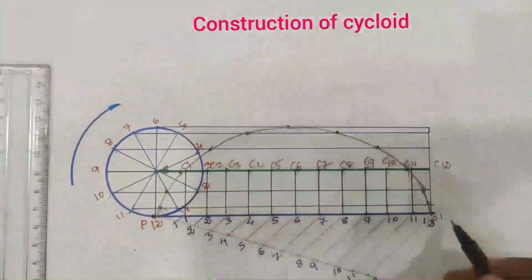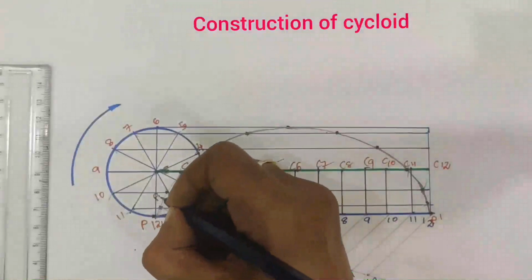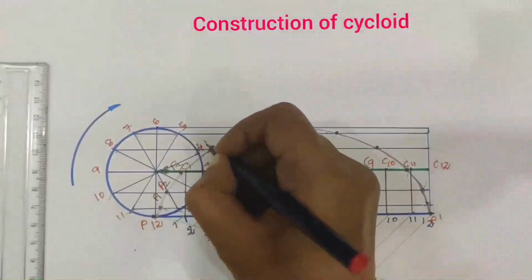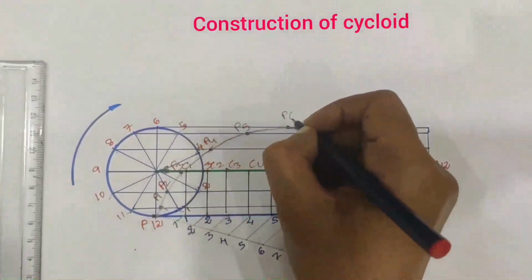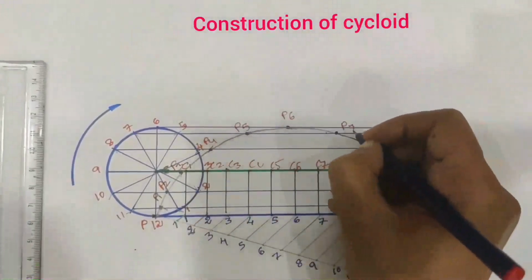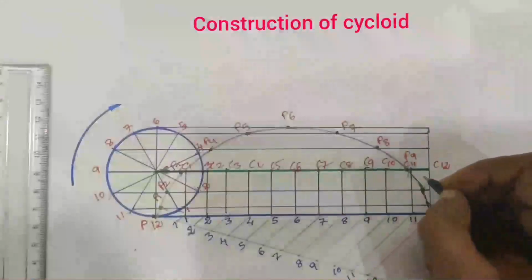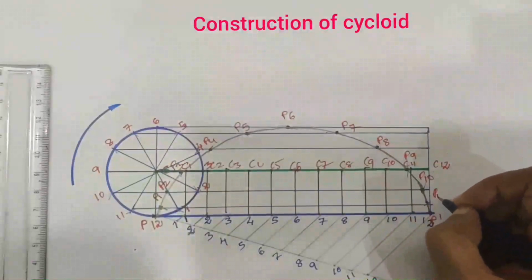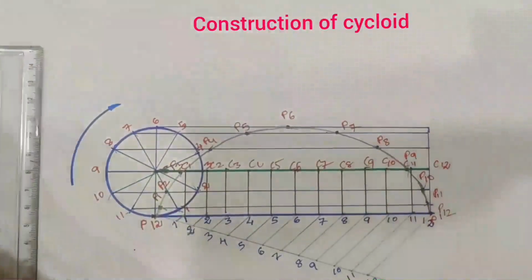This smooth curve is called cycloid, and name the points on the curve, say P1, P2, P3, P4, P5, P6, P7, P8, P9, P10, P11 and P12.